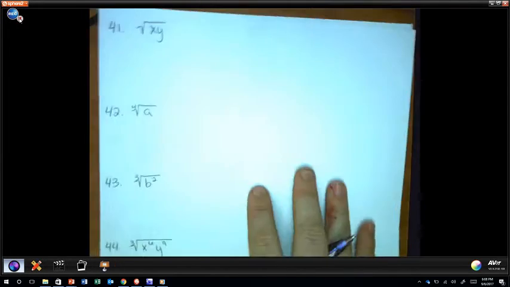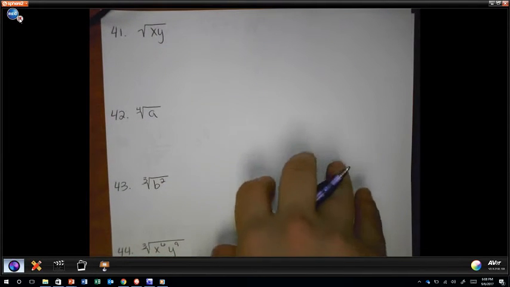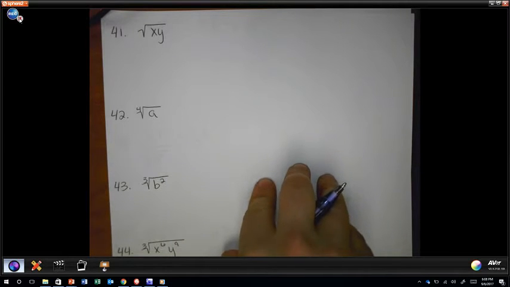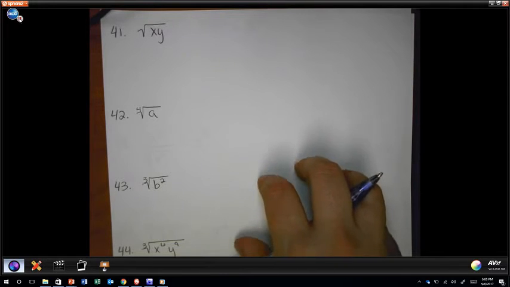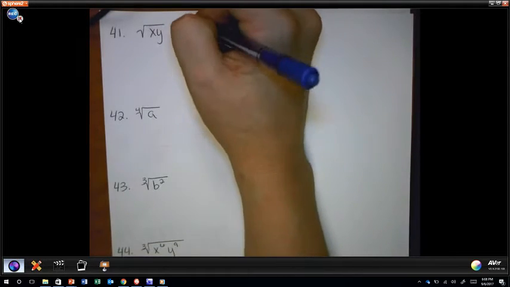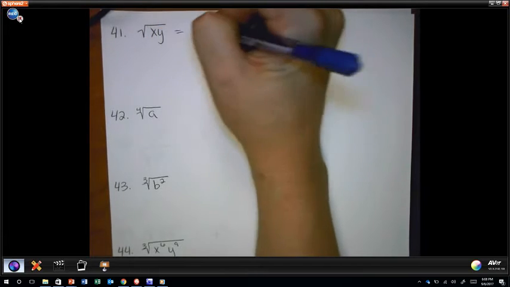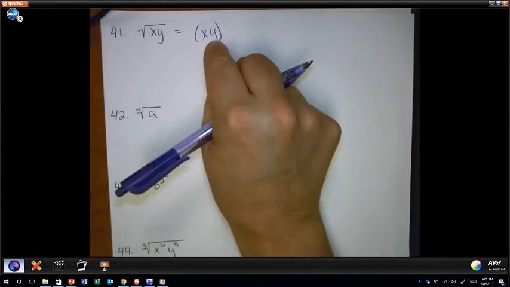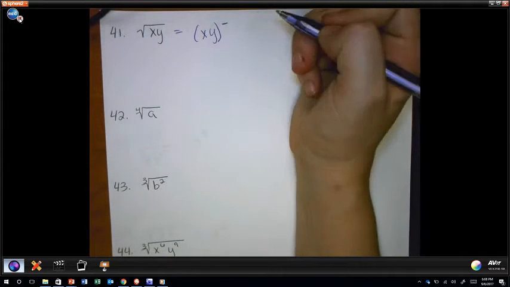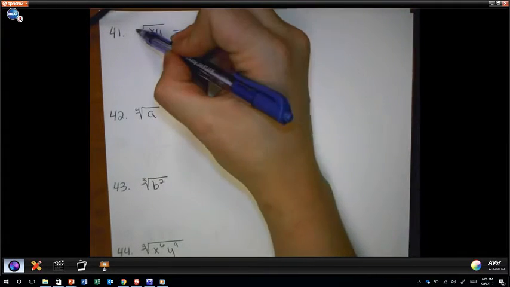Number 41. The directions say, write each expression as a power with a rational exponent. That means I'm going the opposite direction. So my radicand goes in parentheses, and I raise it to whatever power I have.